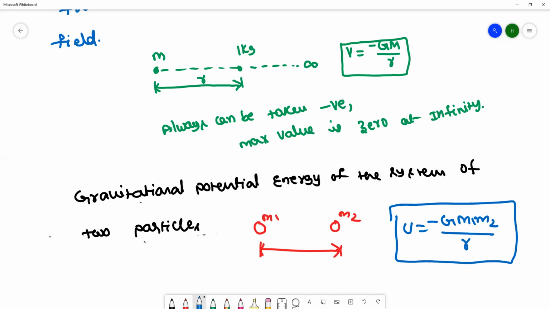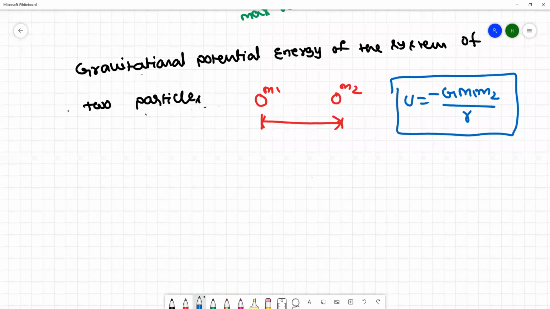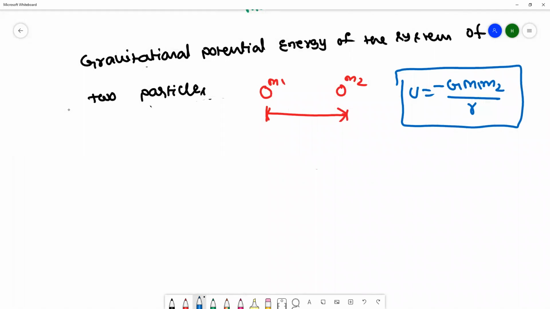Now, the gravitational potential energy of a body at a point in the gravitational field of earth.